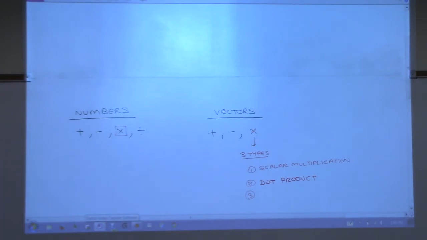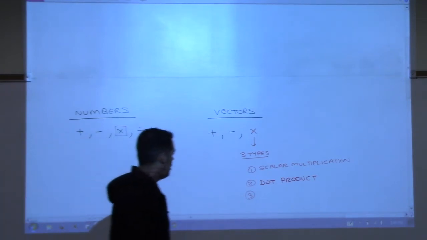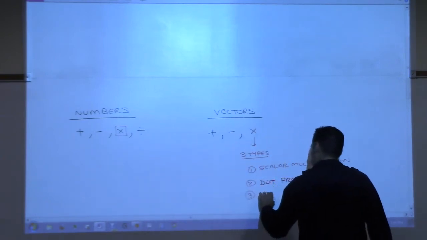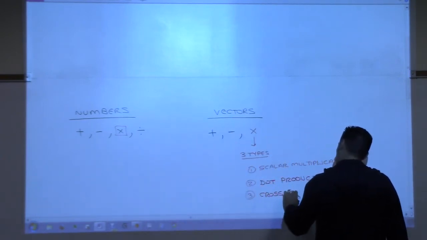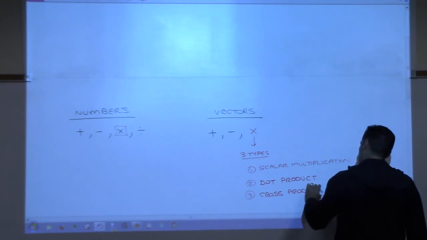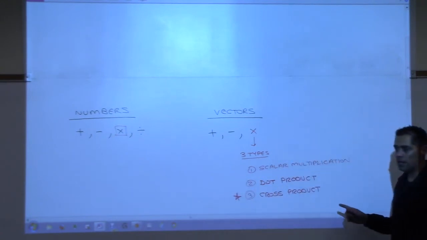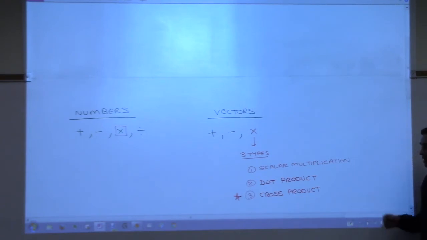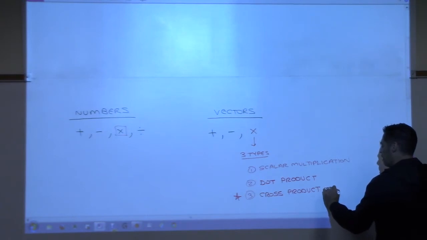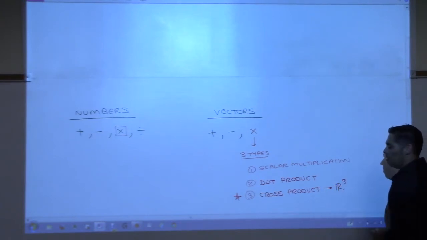And then there's a third type of multiplication called the cross product. This cross product is majorly important when it comes to physics and calculus. The problem with the cross product is this: you have to be in R3.